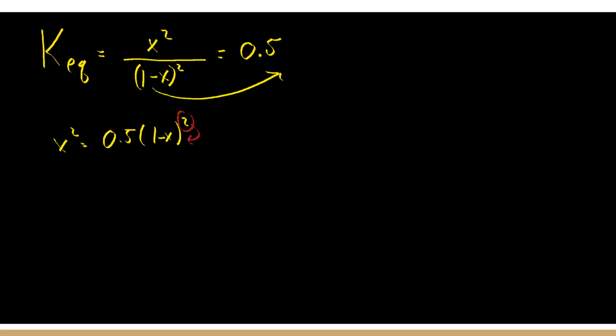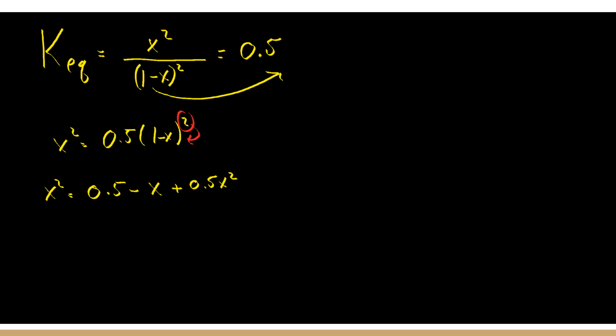Then we go ahead, we expand that expression, and we multiply 1 minus x times 1 minus x. Then we go ahead and multiply that by 0.5. When you've done all that, you get x squared equals 0.5 minus x plus 0.5x squared. Now, the quadratic formula only works when the entire equation is equal to 0.